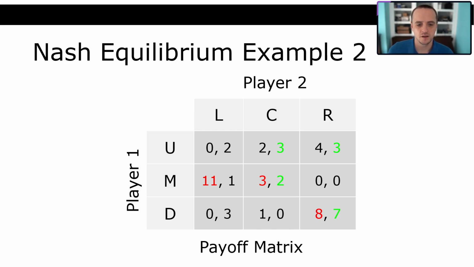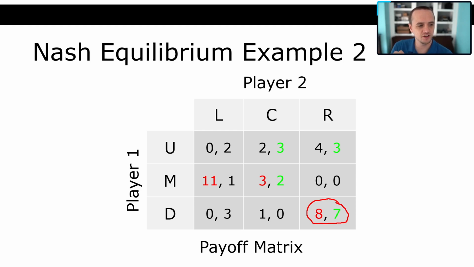So where is the Nash equilibrium in this case? Type out where the Nash equilibrium is in the chat, please. I'm just asking this question. All right, we got a bunch of people saying down right.